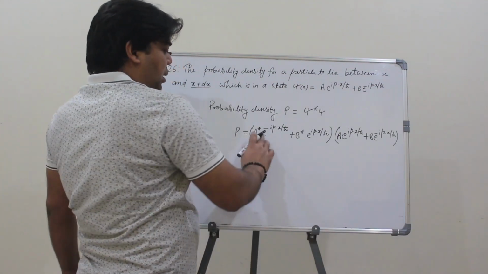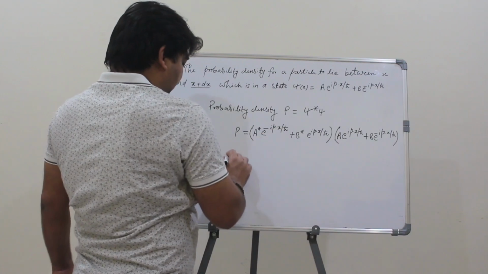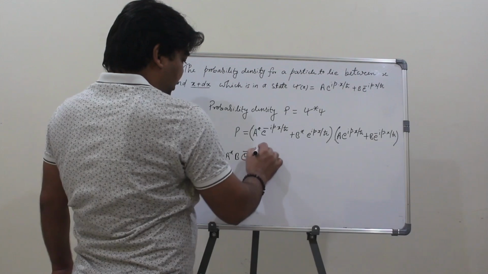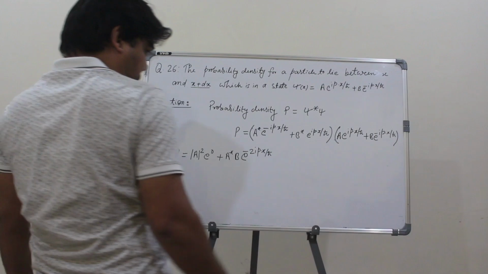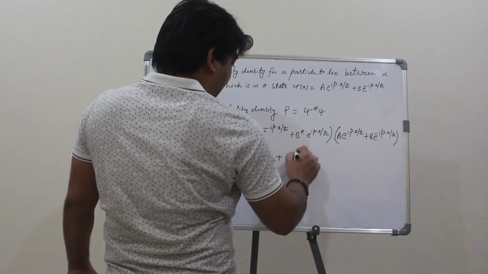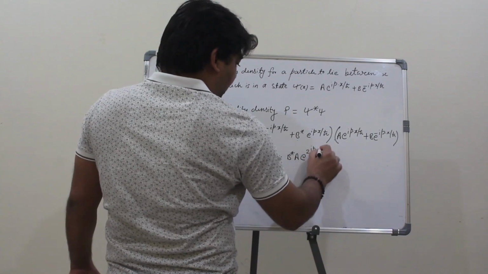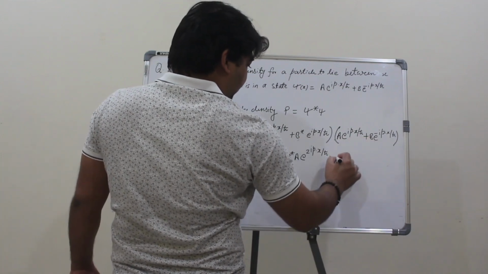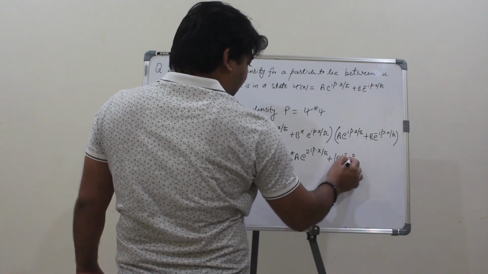Similarly, it will give you A star B e to the power minus 2i p·x divided by h-cut, plus B star A e to the power 2i p·x divided by h-cut, plus B star B, which is mod B square e to the power 0, right?